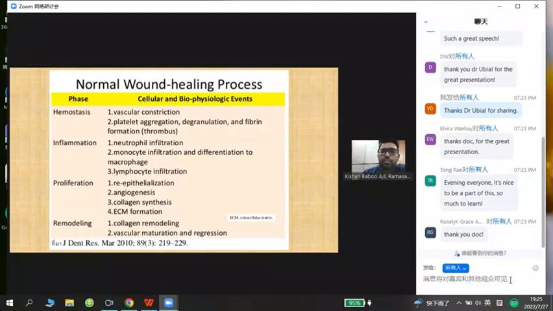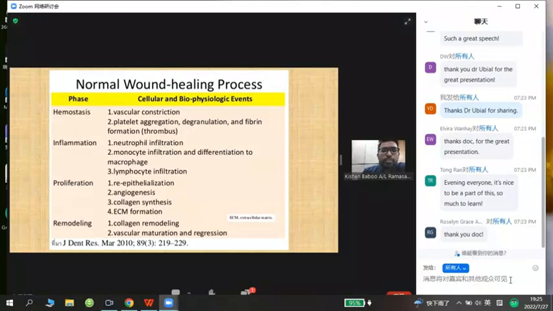During hemostasis, you have your vascular constriction and platelet aggregation, then your inflammation period, your proliferation, and remodeling. Each has its own role in wound healing. The hemostasis will prevent the patient from bleeding out. The inflammation period will help to control the bacterial load.